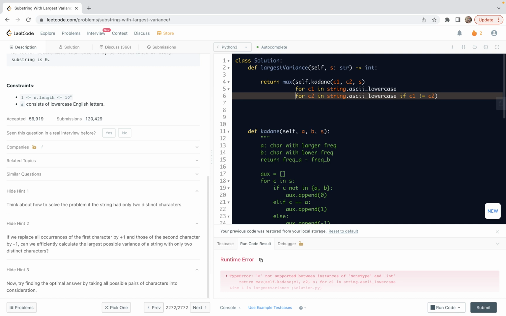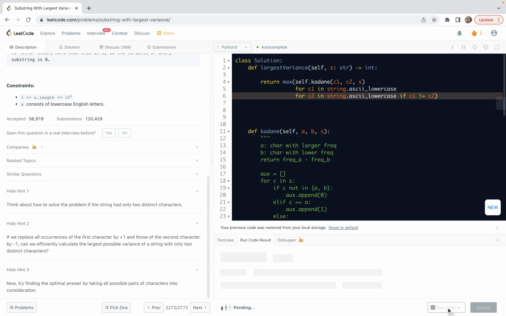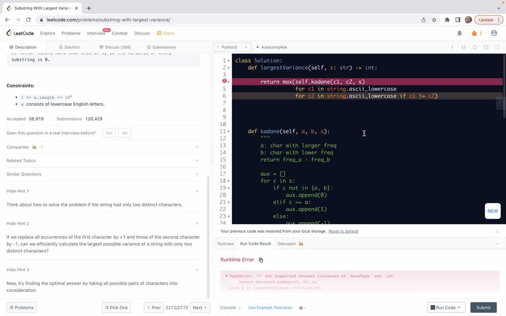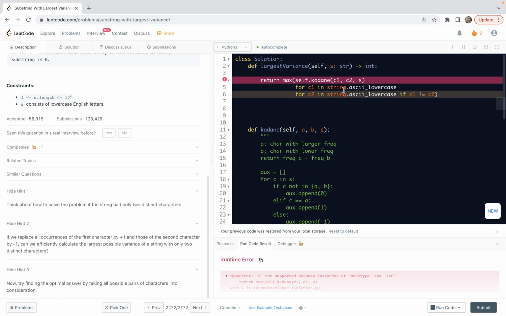I guess there are some problems. So here for max of this, let's test again. If C1 does not equal C2, let me write it like this.